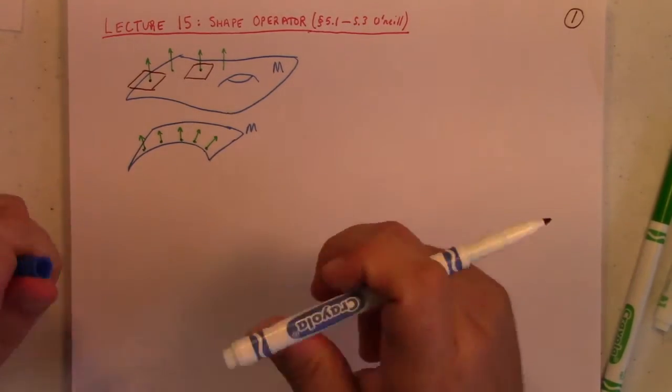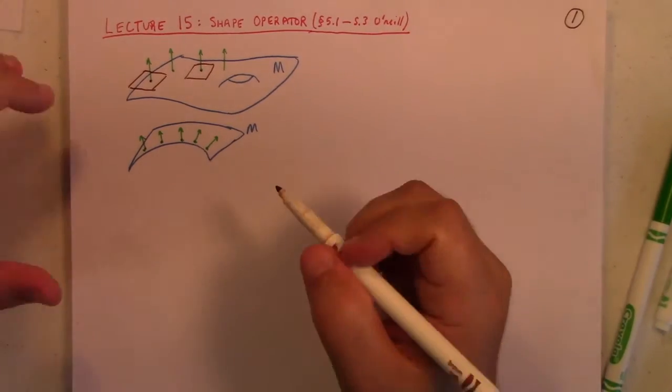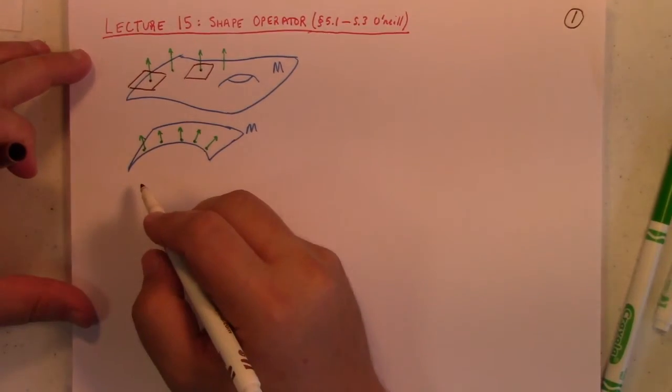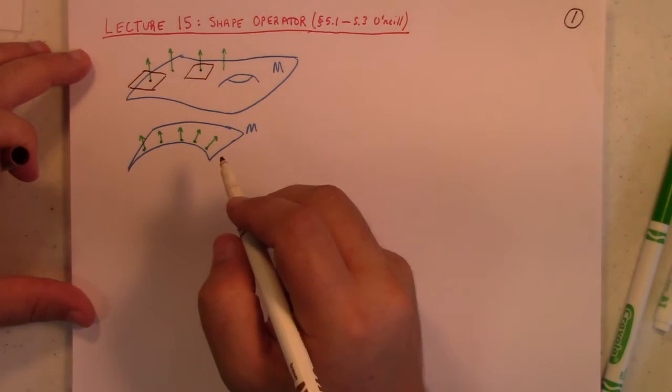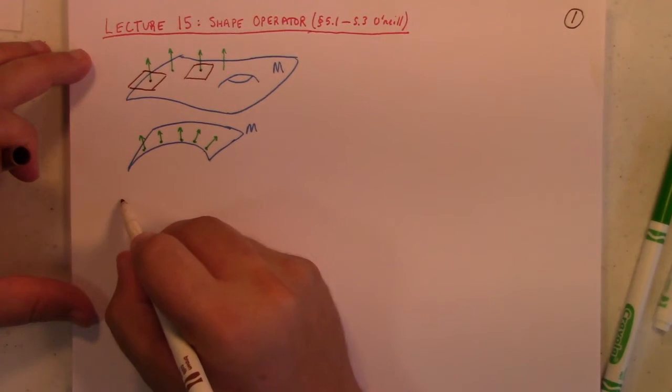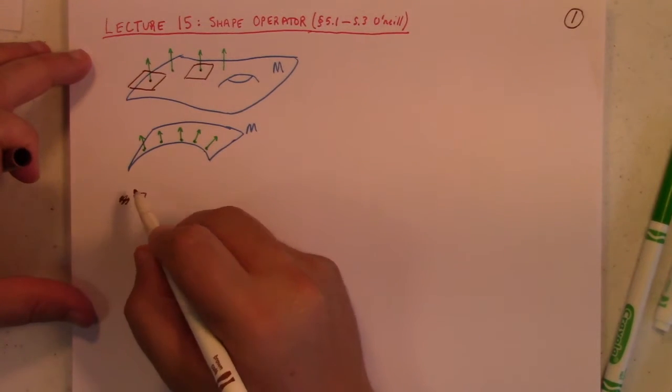But before I even define it, I just want to give you a little lemma. So here it is. Let's study the operator, forget the minus for a second here, scratch the minus.